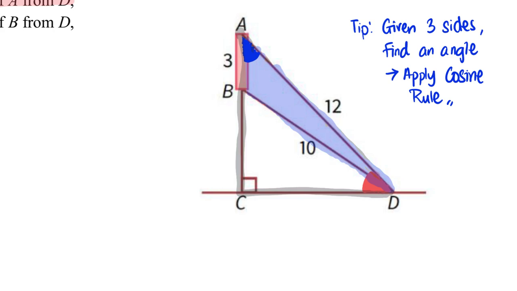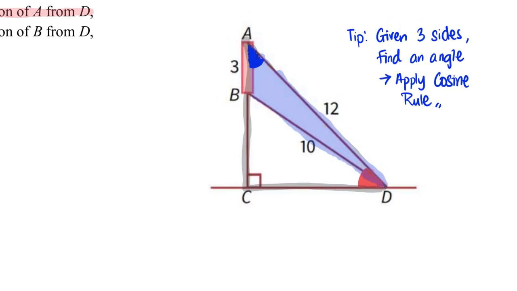So in this case, I am going to apply cosine rule with the angle at BAD.